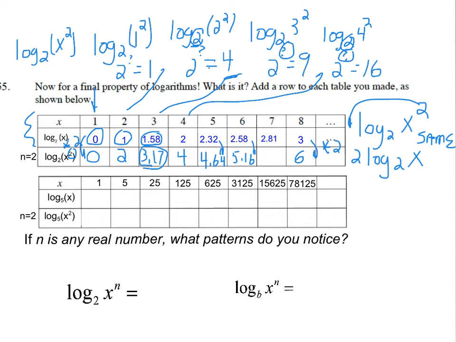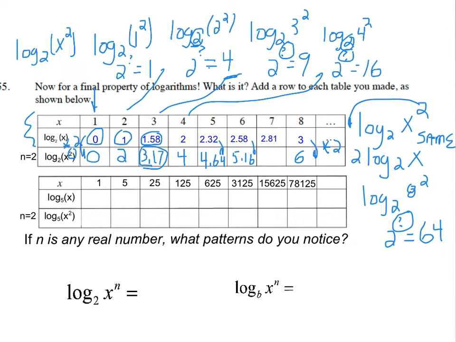So just as an example, I have x being 8, so the log base 2 of 8 squared, well, this is really asking 2 to what power equals 8 squared, which is 64. Well, that's going to be 2 to the 6th power.